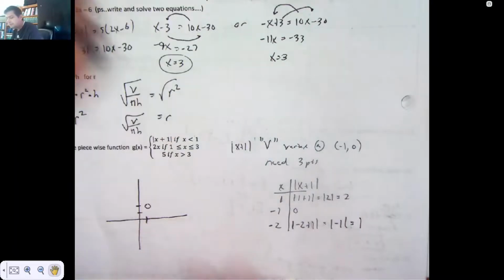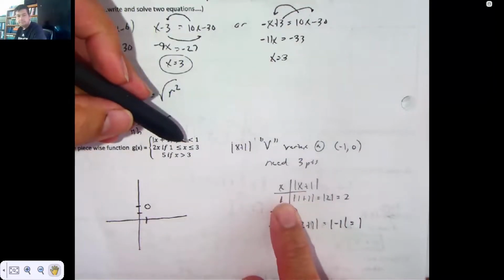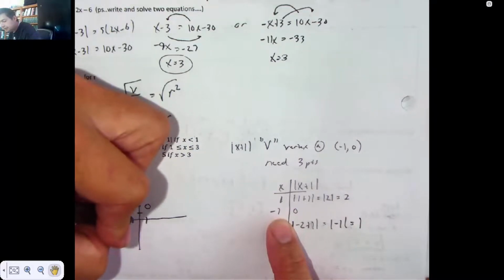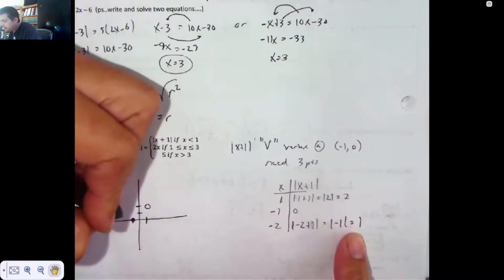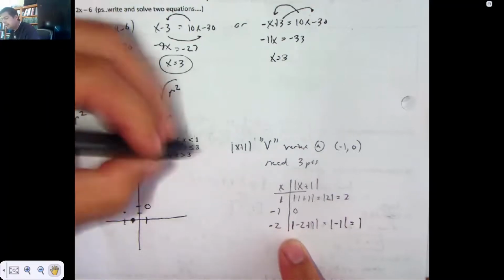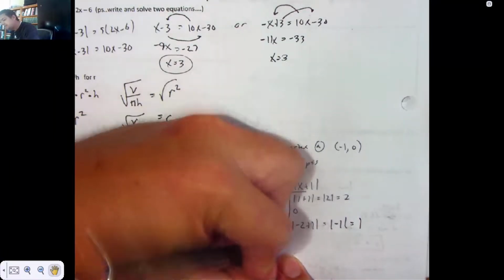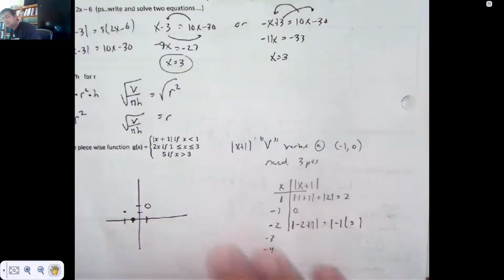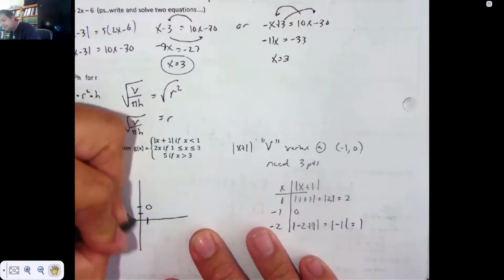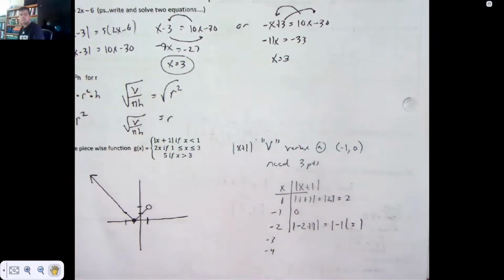I have to open hole it because I was not allowed to be that 1. I plugged in a -1 and got a 0. Actually, I found that was the vertex. And -2, 1 existed. And the thing could be -3, -4, and so forth for its entire life. This side will continue forever. Here we stop. Piece 1's done.